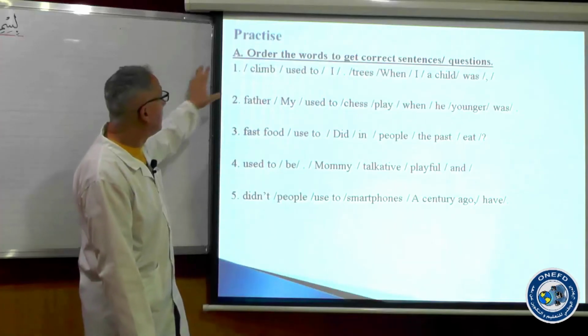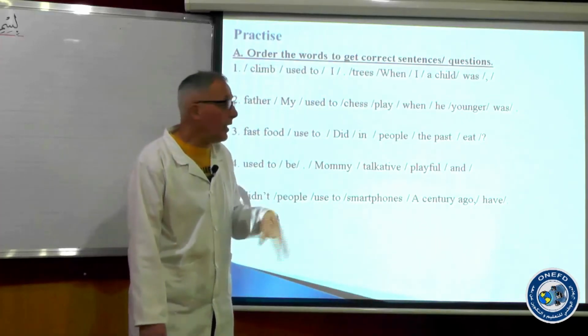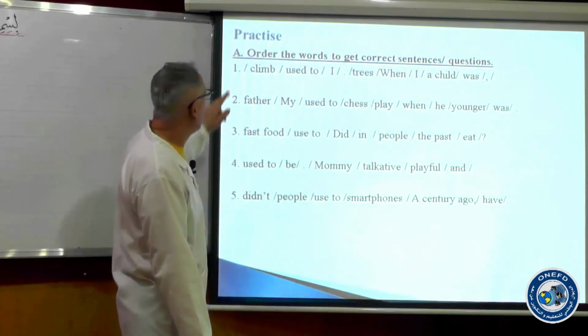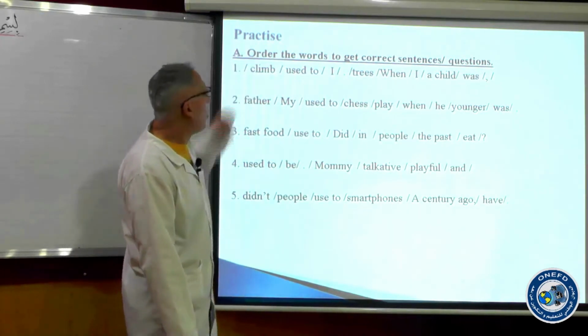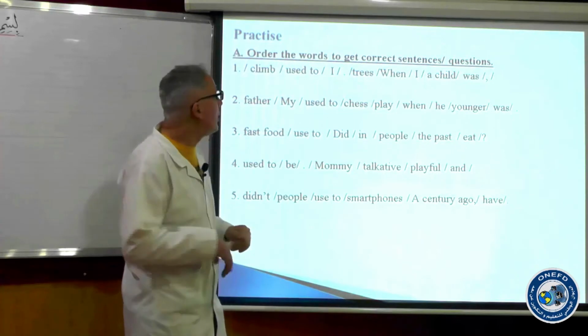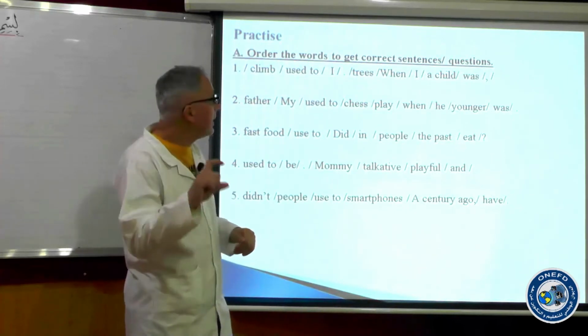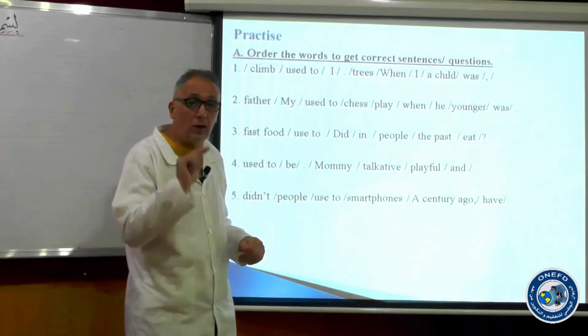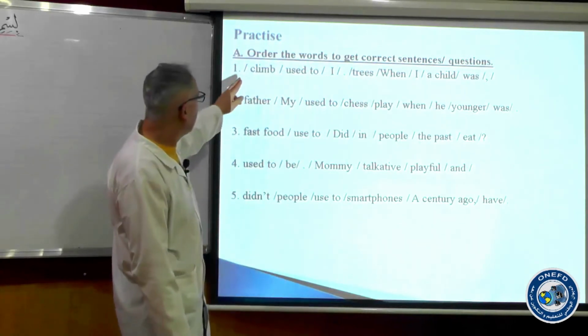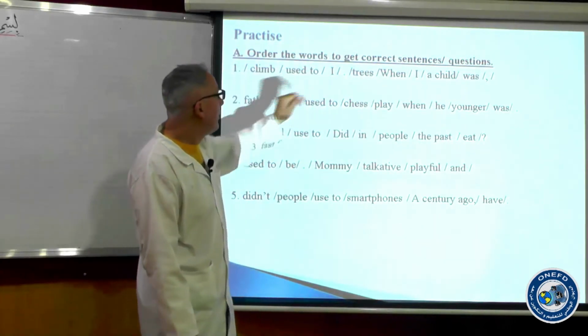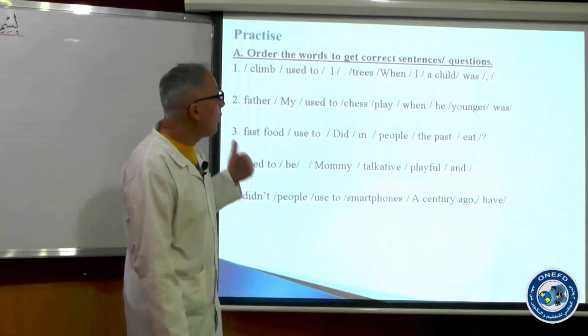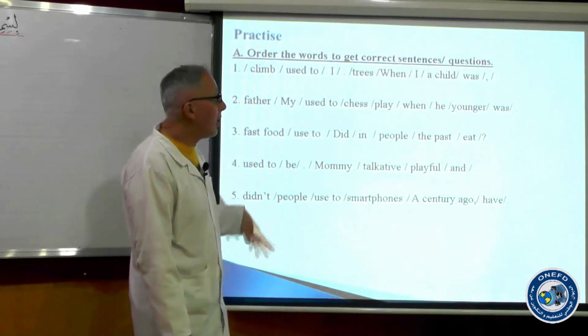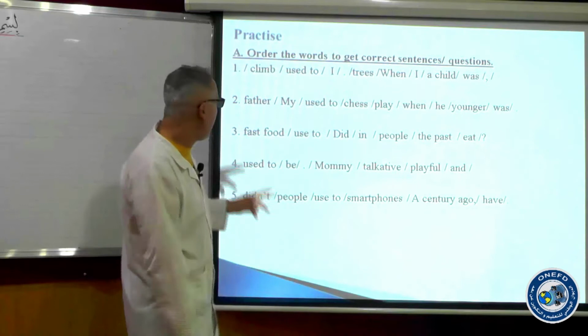Good. Let's deal with the practice or with the task. The first one is order the words to get correct sentences, or correct questions. Number 1: climb, used to, I, trees, when, I, a child, was, and we have a comma.